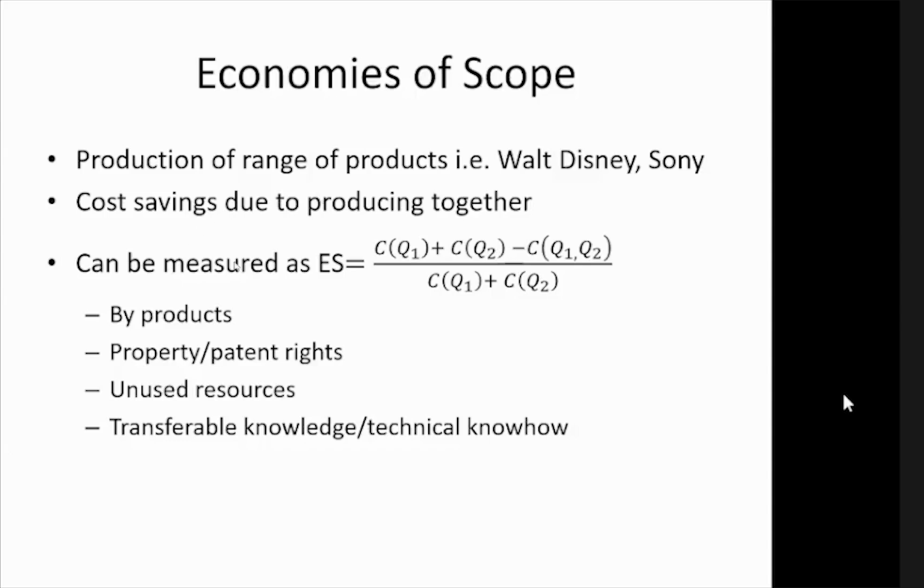But if it is produced together, then we have the common cost. Therefore, if you are producing together, we will be getting the economies of scope, which says when you increase your scope, your cost will be decreasing.